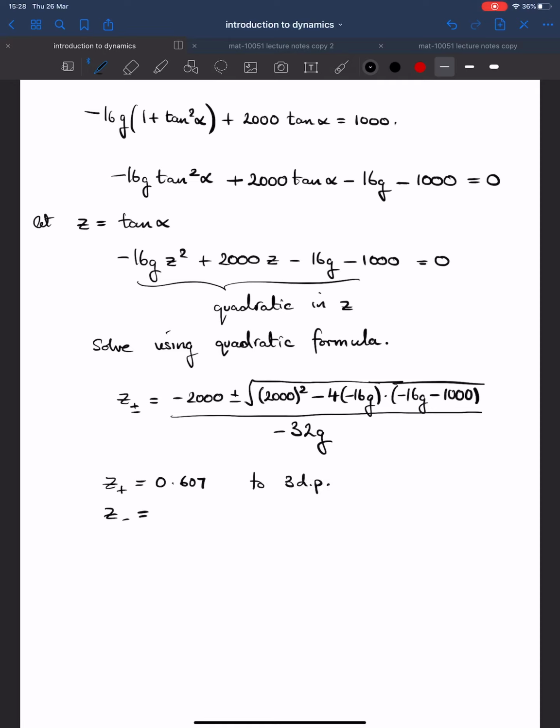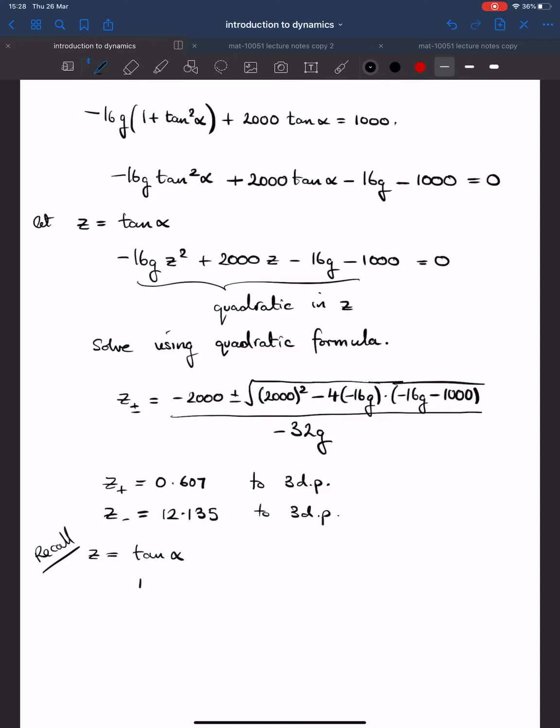Z minus is going to be 12.135. Now, I'm keeping this at full precision, but recall that z is tan alpha, the tan of the angle that we hope to pitch this arrow to clear the wall.